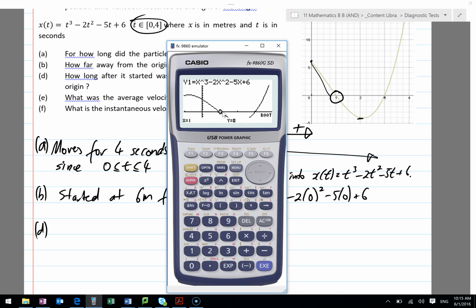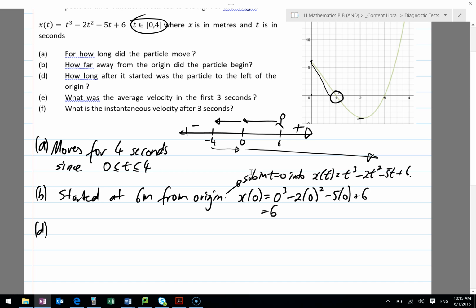So after 1 second, it crosses the line, and then after 3 seconds, it's back in the positive direction. So I'll just state in part D, after 1 second, since x of 1 is 0, when the particle passes the origin.